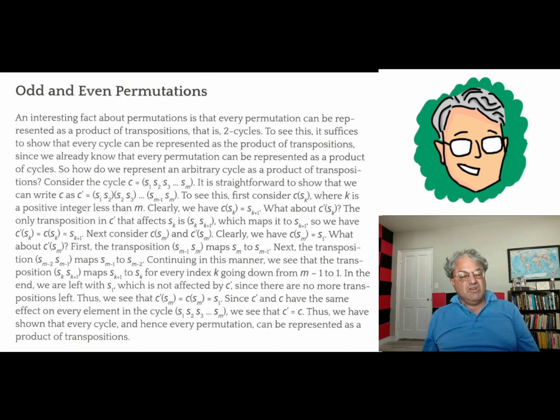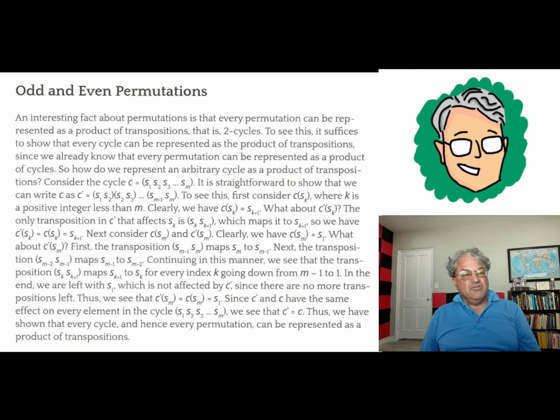And no matter how you write that, it's not a unique representation. There are a lot of different ways you can represent a given permutation as a product of transpositions. But one interesting fact, which I'm not going to prove, but it's true, you'll have to take my word for it, is that the parity of the number of transpositions is constant.